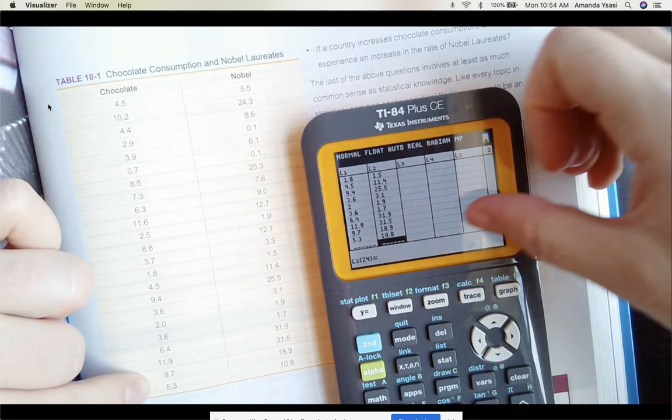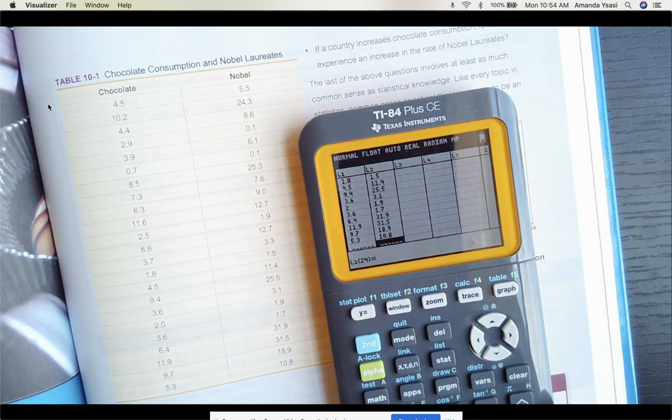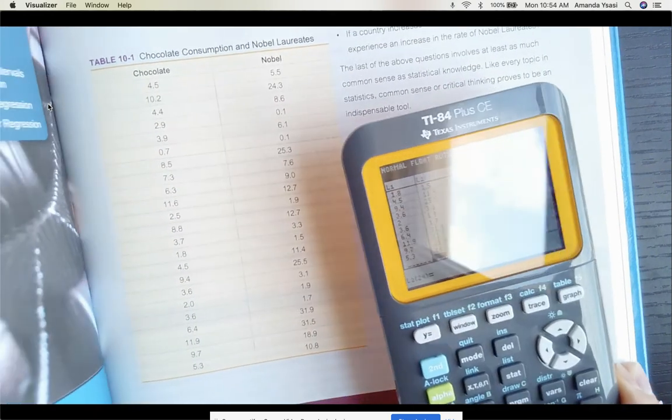Here we go. All right, so that should match up. Make sure you have that in there.